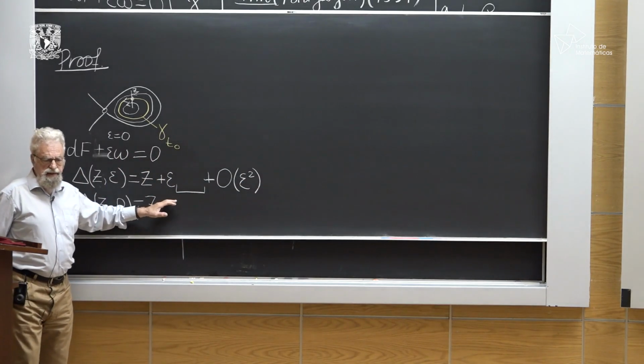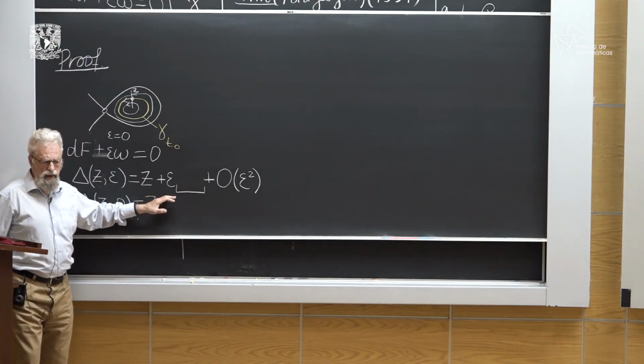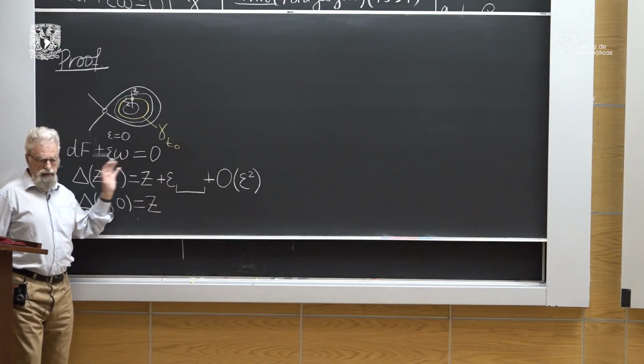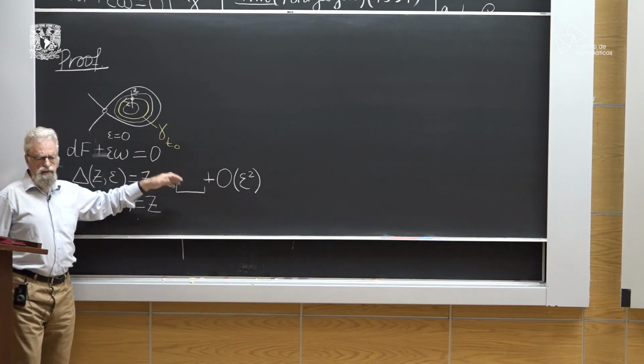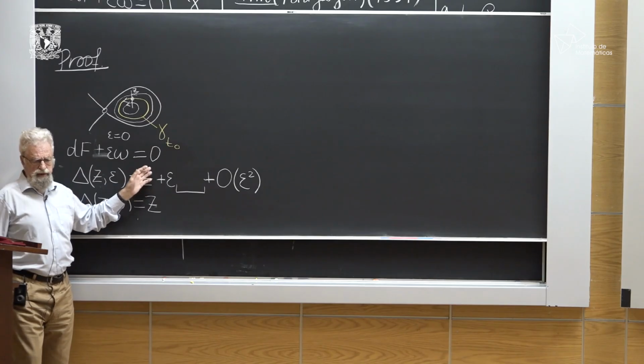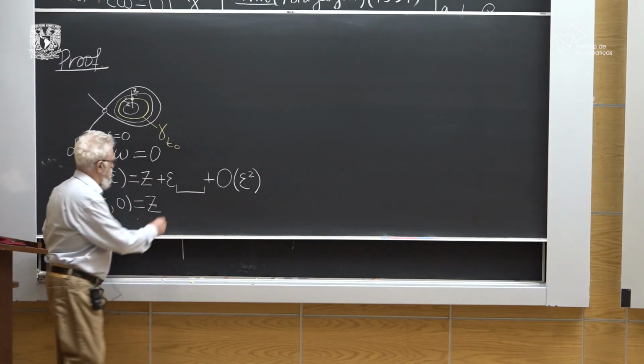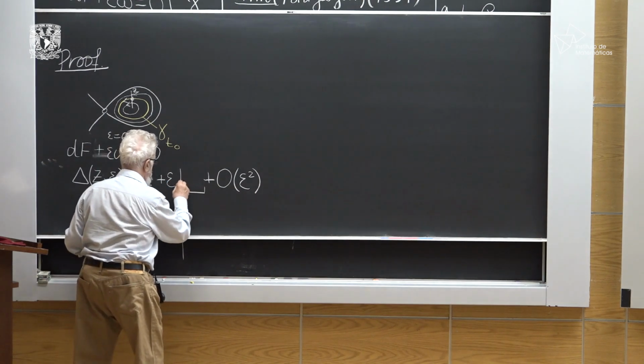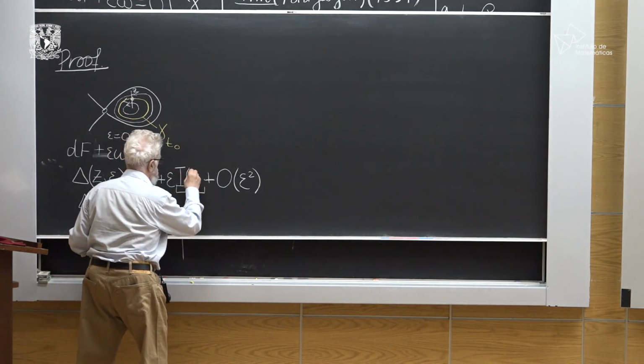The exercise that I miss, you definitely know that as this function is smooth in epsilon and z, there will be some function of z. The exercise that I miss is that here stands exactly I of z.